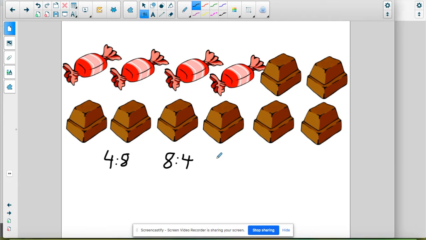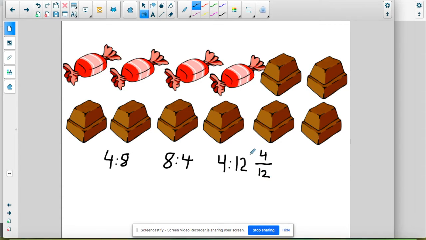If we wanted to do a part to whole comparison, we would say 4 candies to how many sweets altogether? 12 sweets. And when you're doing part to whole, you can also write it like a fraction. There are 4 candies out of 12 sweets.